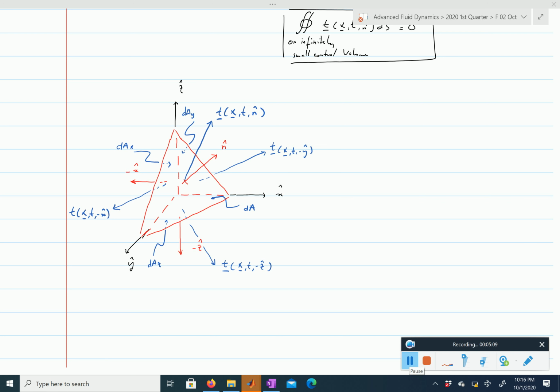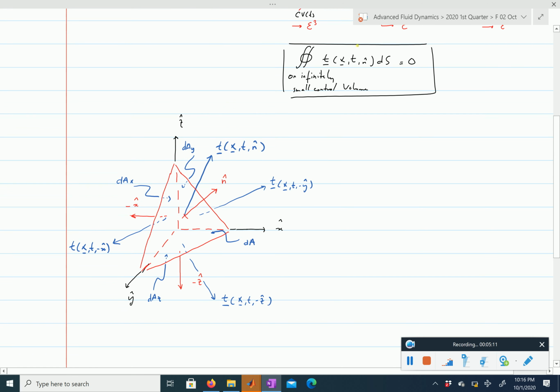And now I can write this equality by adding my 4 terms on each surface: on the surface of normal n, the surface of normal x, plus the term integrated over the surface of normal minus y and minus z. And the sum of all of those 4 terms is equal to 0.